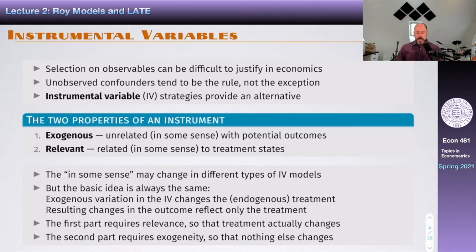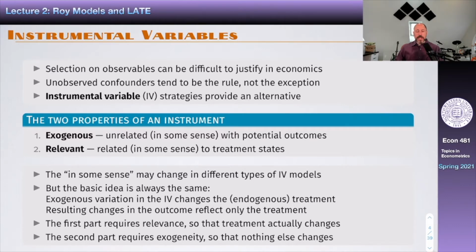This may change depending on the models that we are considering. If we are in simple linear cases, then things like conditional mean independence are going to be sufficient. But in a more general setting, we're just going to have to use versions of full independence.